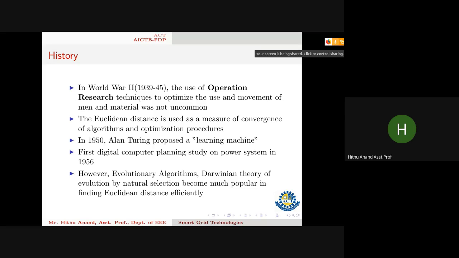Nowadays we are adding new features like renewable energy sources, or adding many generators into the system, to minimize the power losses or improve the efficiency of the system.